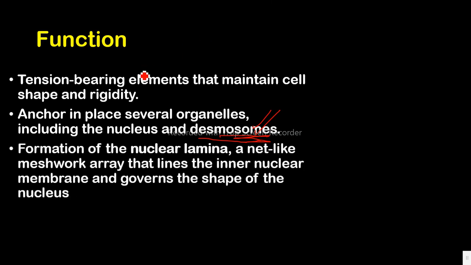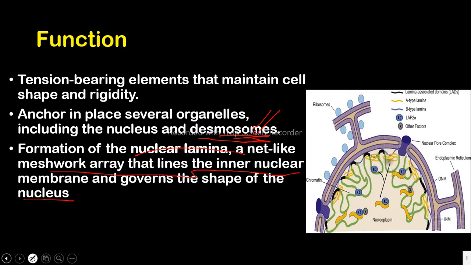Then, formation of the nuclear lamina, that is the nuclear skeleton, a net-like or meshwork array that lines the inner nuclear membrane and governs the shape of the nucleus. And then finally, you have a loop of this nuclear lamina. So if this is the nucleus, this is the nuclear pore.